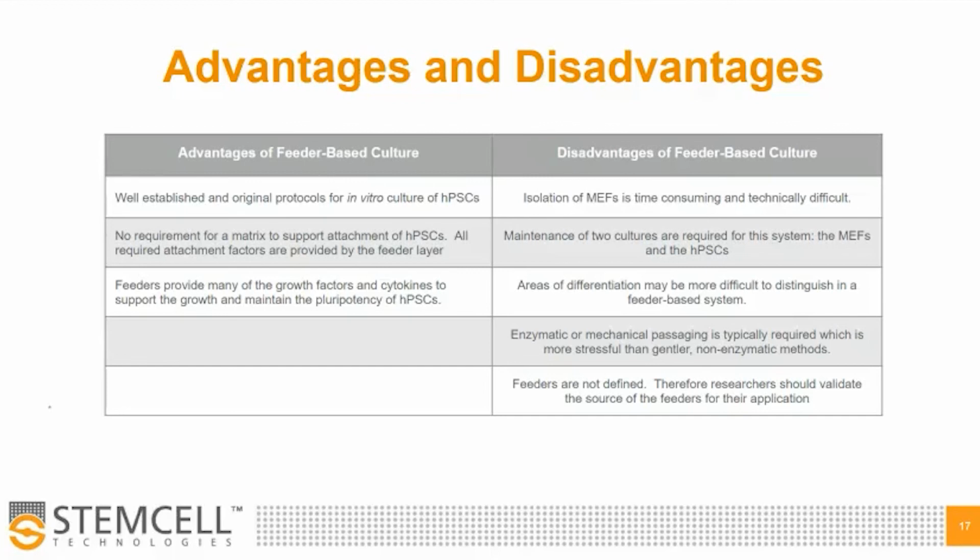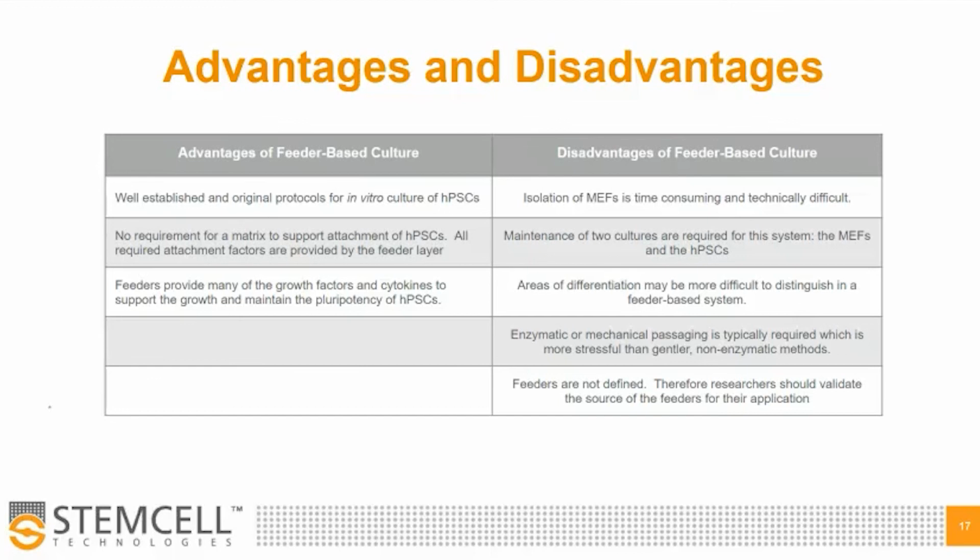However, there are disadvantages when using feeder-based HPSC systems. The isolation of MEFs is time-consuming and technically difficult. The researcher will need to maintain two cultures, the IMEFs and the HPSCs. These will require different media also. Areas of differentiation may be more difficult to distinguish in a feeder-based system, and therefore sometimes areas of differentiation can be brought forward to the next passage.